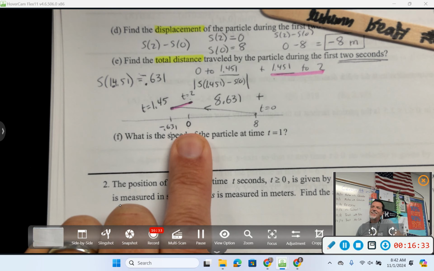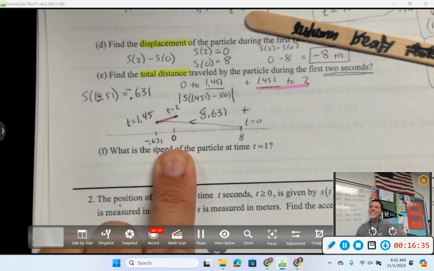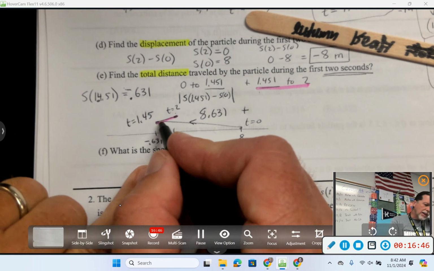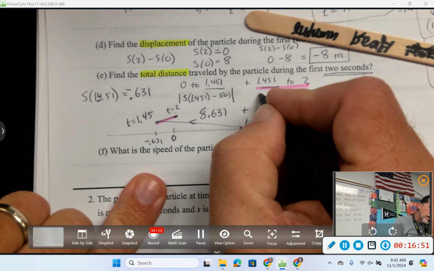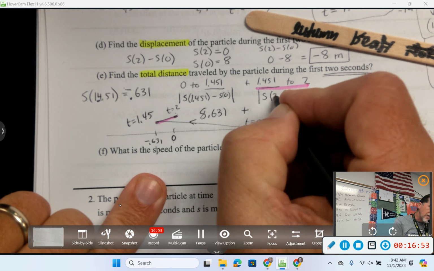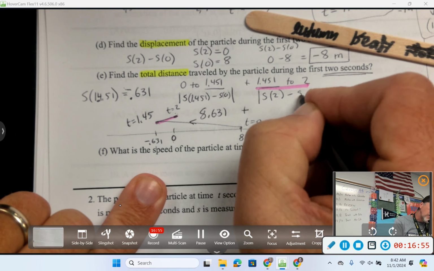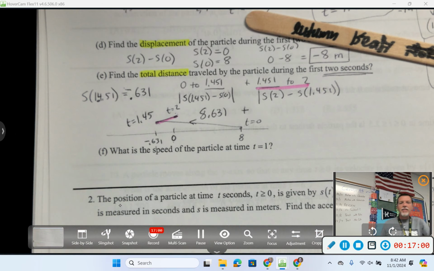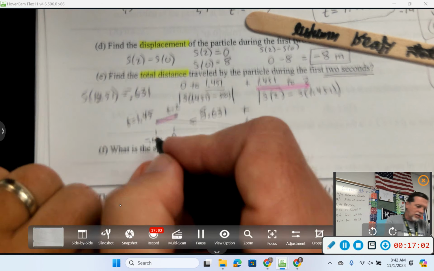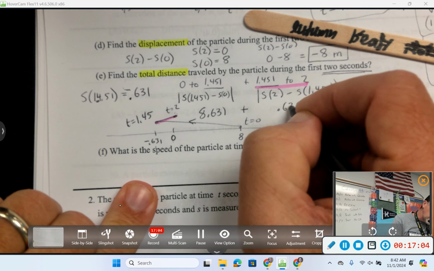Thoughts? Autumn? How far is that traveling? Do you know? Okay. Somebody help out here? 0.631, because we were at negative 0.631 and we made it up to 0. So that's 0.631. Again, the fancier way to write it is absolute value of S of 2 minus S of 1.451. But I think it's easier to just map it out and see the picture that that's 0.631.